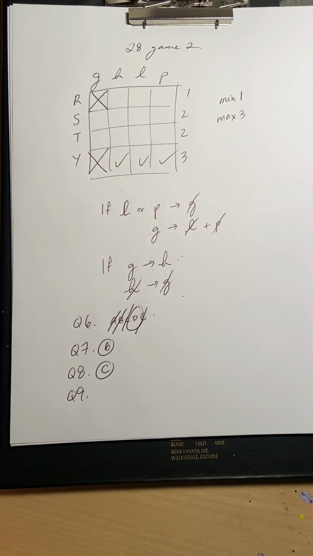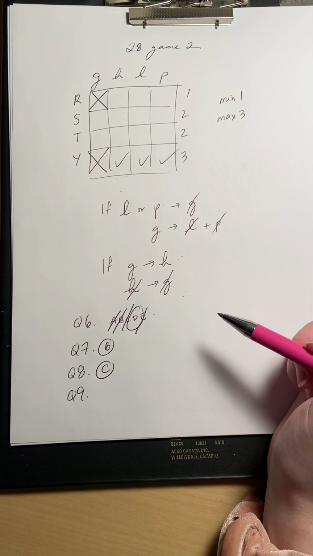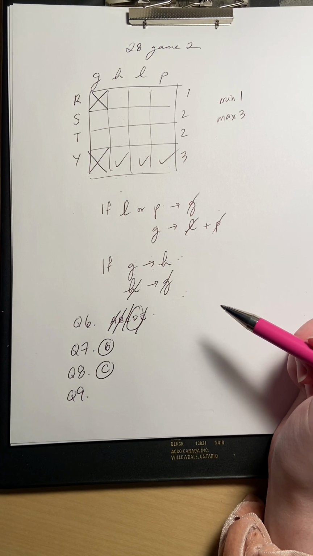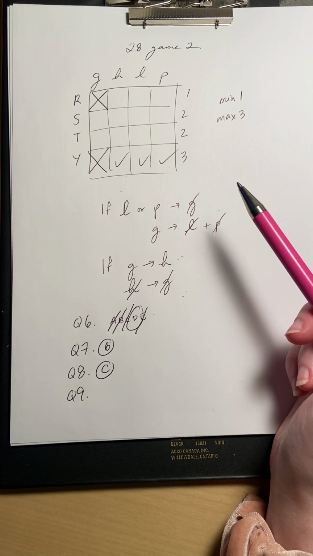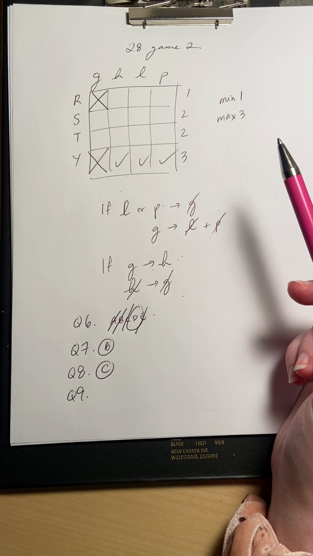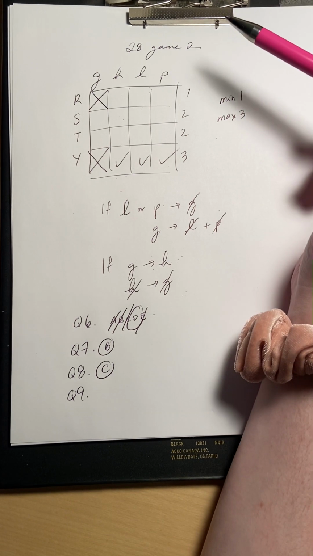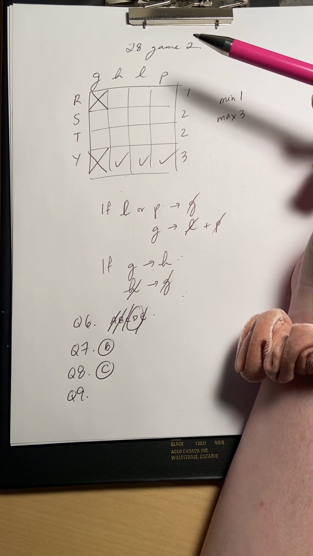Question 9. Each of the following could be a complete and accurate list of the researchers who learn both Swahili and Yoruba, except. So the geologist can't be on the list. Let's see, who learned both?